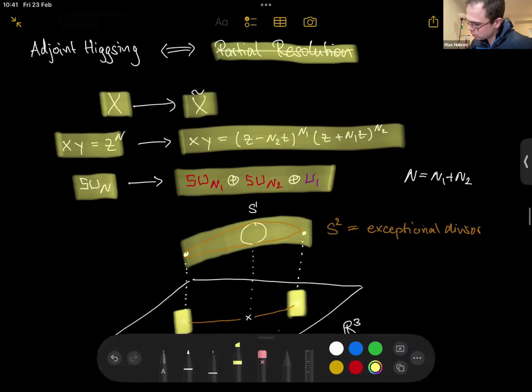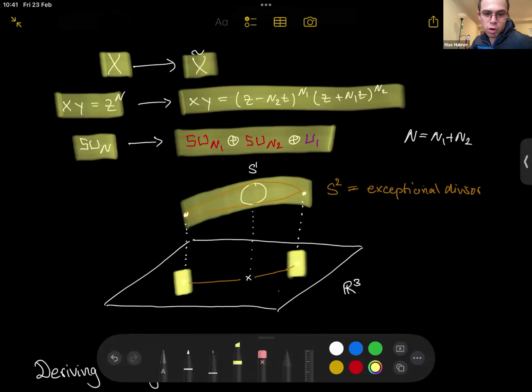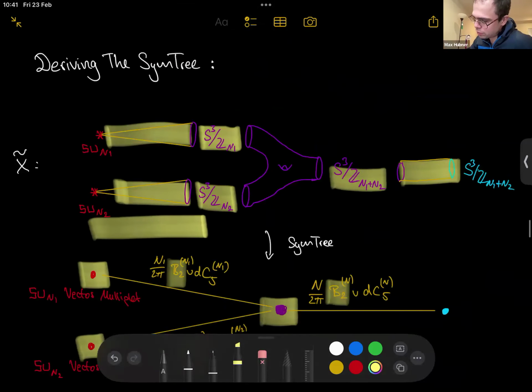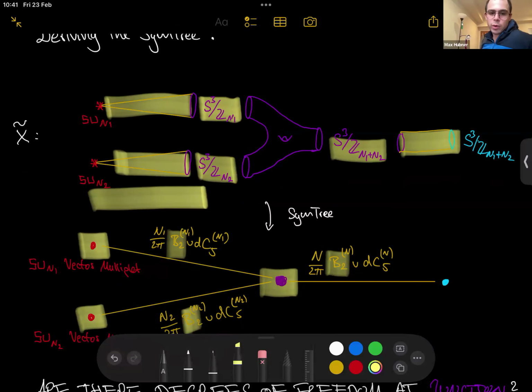There's the U1 in purple, which I've sneakily not labeled because I haven't derived it yet. But this is exactly what the genus contributes. Well, not exactly a genus, just for the picture I've drawn it. But this is what additional compact curves that you might not see in each of the legs contribute. They contribute additional, in this case, U1 degrees of freedom, which are going to be localized at the junction. Thank you very much. Thanks for the question.